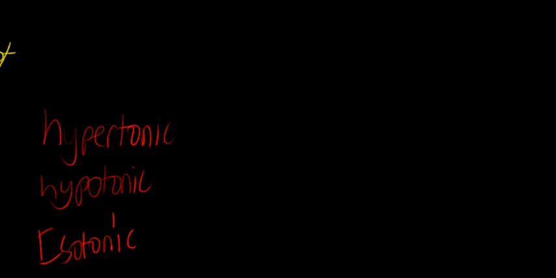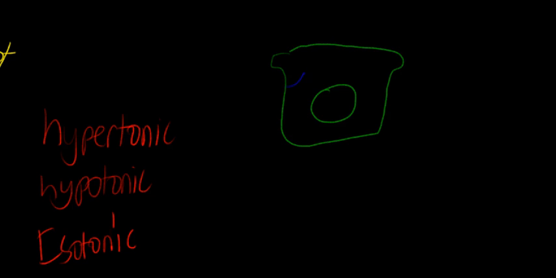So, if I have a cell inside of a beaker and I fill the beaker with some water, I have 2 solutes in there, and I have 5 outside of the cell.